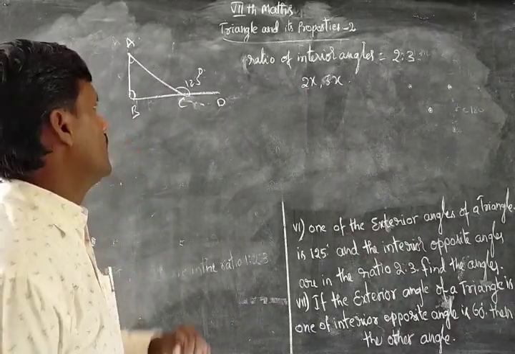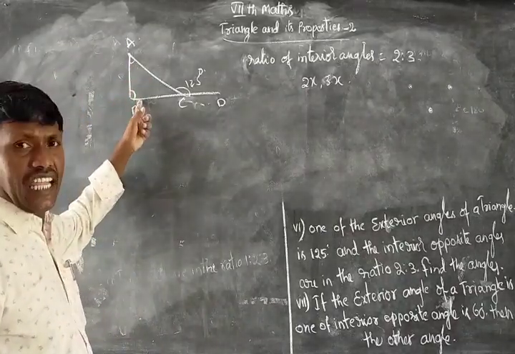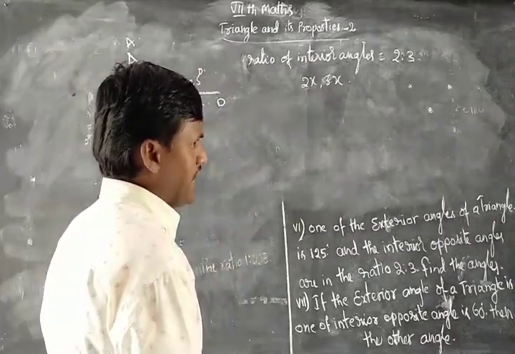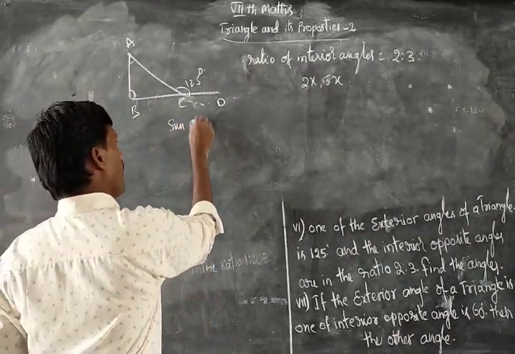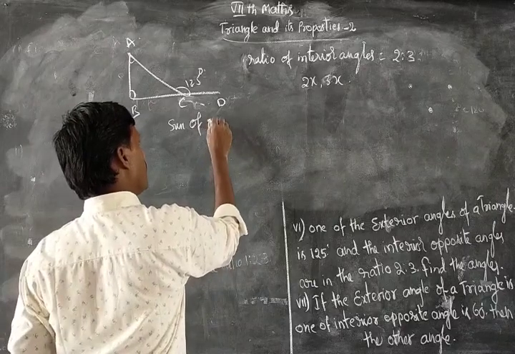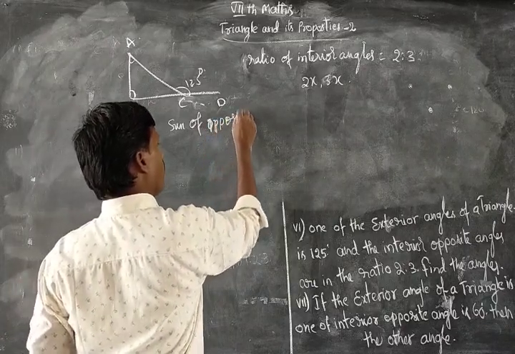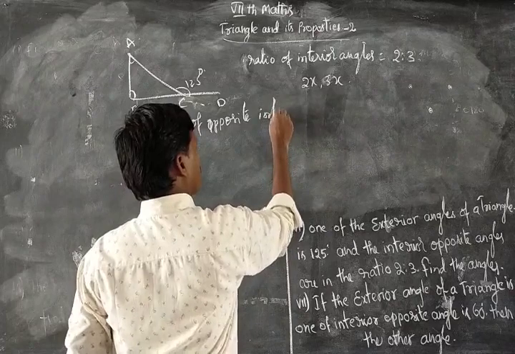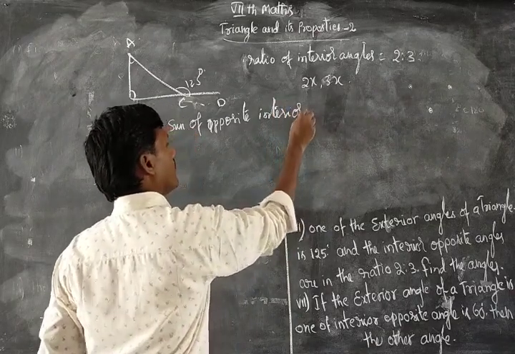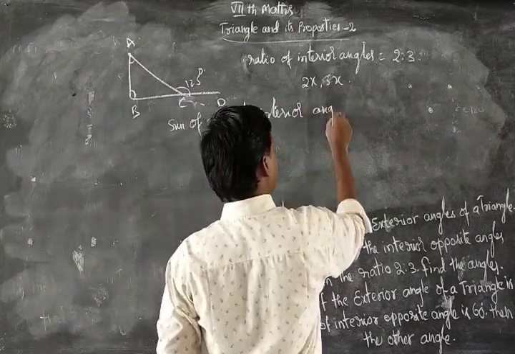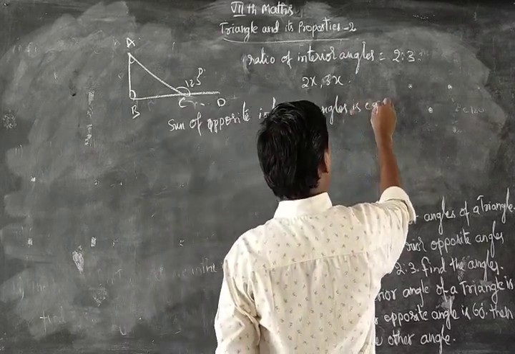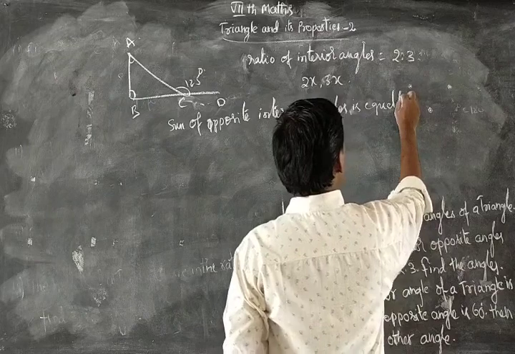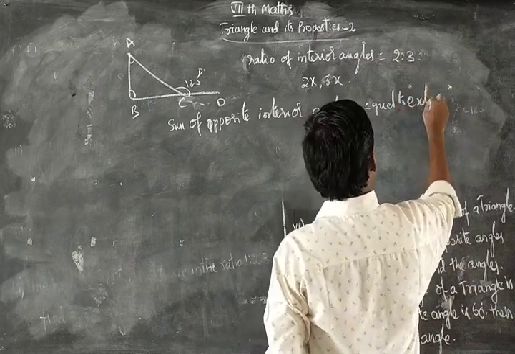We know that the sum of the opposite interior angles is equal to the exterior angle, by the exterior angle property.